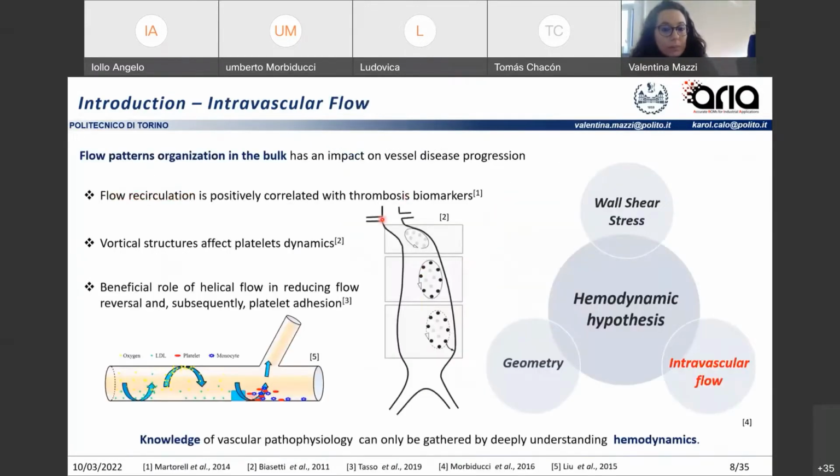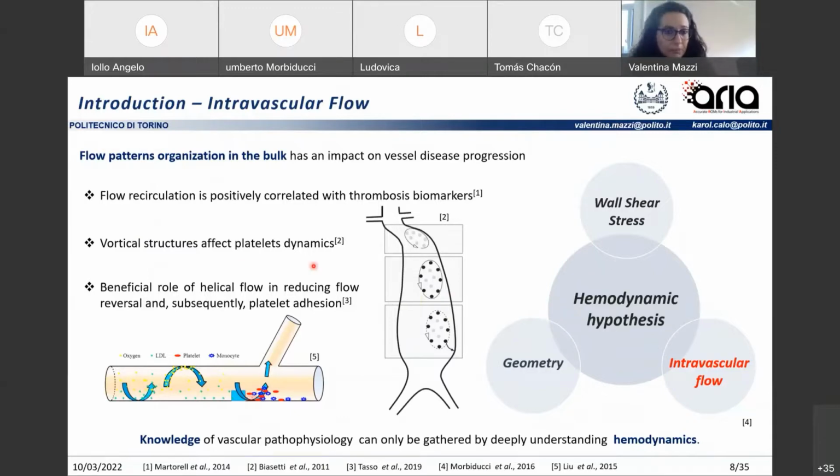Besides the shear stress exerted on the vascular wall, also the organization of blood flow patterns inside the lumen, inside the bulk, has a strong impact on vascular disease progression, in particular on the aneurysmatic disease. In fact, for example, flow recirculation has been found to be positively correlated with the biomarkers of thrombosis. And also the presence and organization of vortical structures affect platelet dynamics.